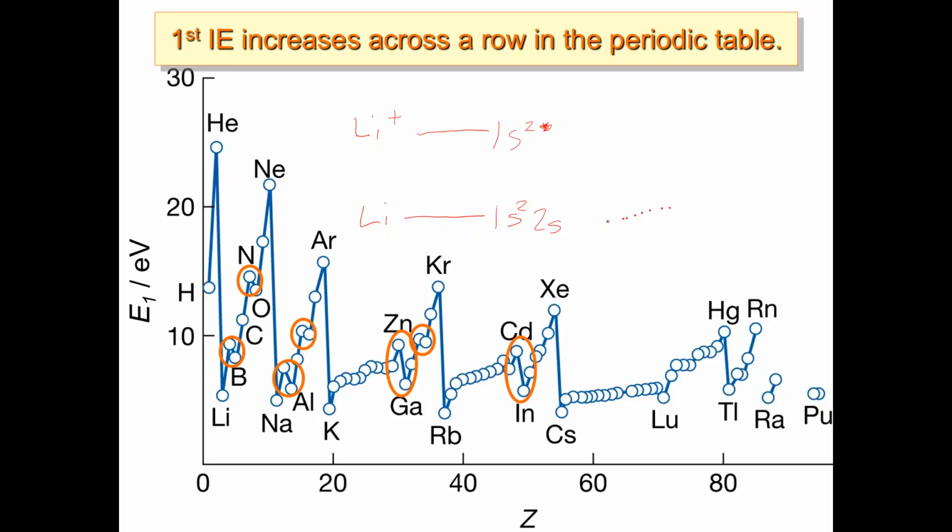Then we get over here to neon, and the neutral is really stabilized: 1s2, 2s2, 2p6. And this is neon plus.